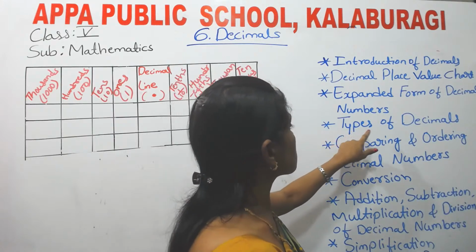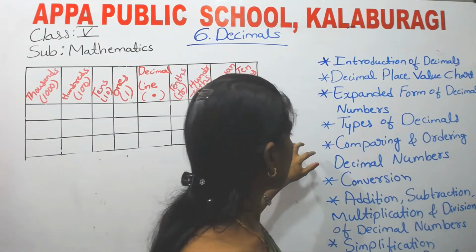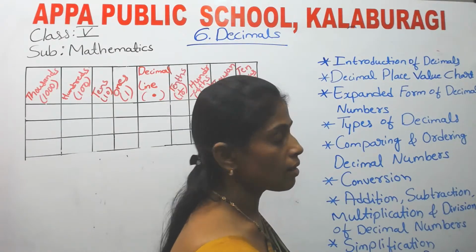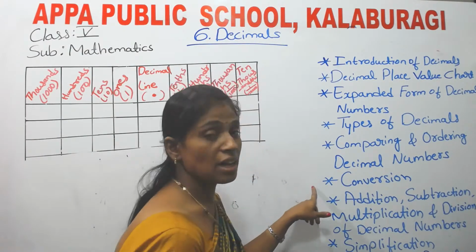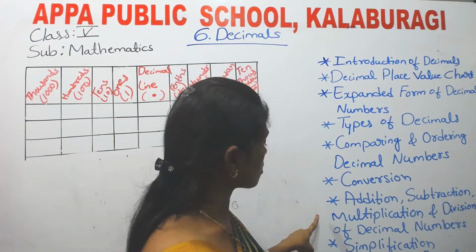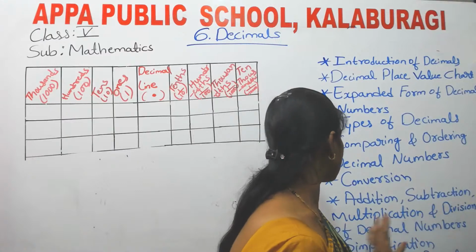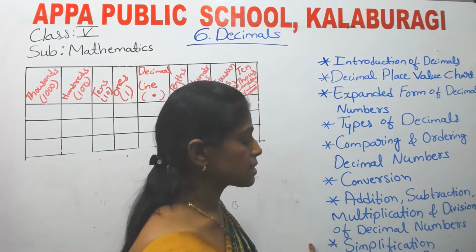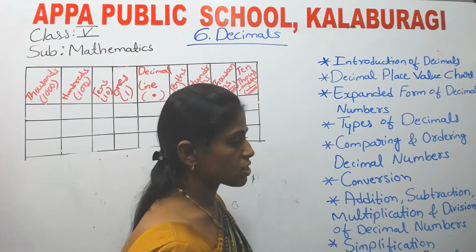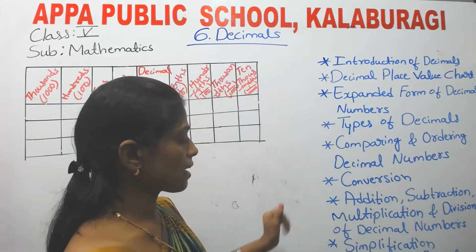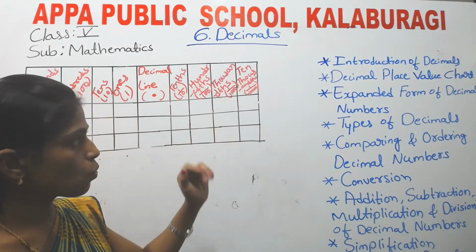Next is types of decimals, and next comparing and ordering decimal numbers. Next, conversion, and then addition, subtraction, multiplication and division of decimal numbers. Next is simplification, and the last one is rounding of decimal numbers. These are the points. Let us see one by one.